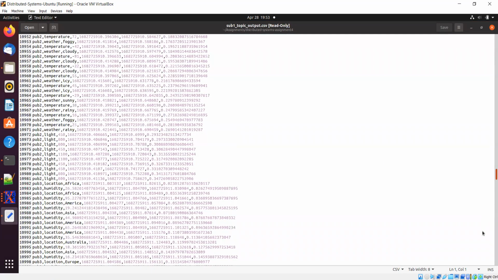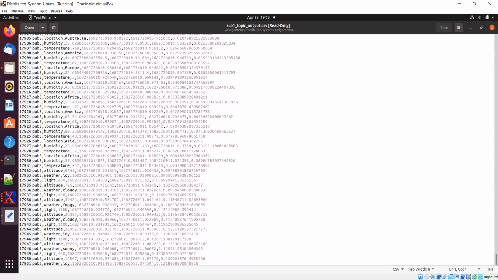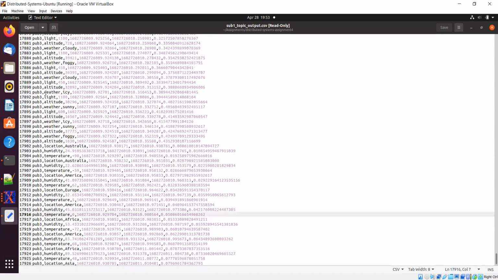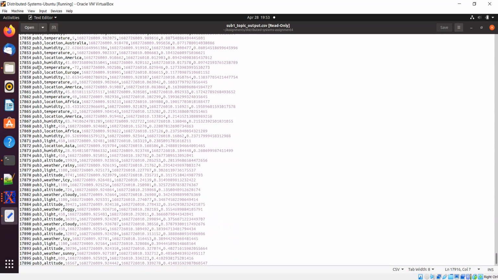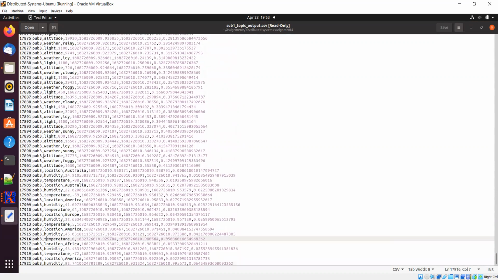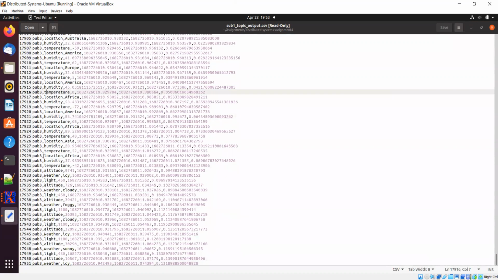If we scroll down, you can see that we've reached a point now where only Publisher 3 is disseminating information, which makes sense because the second publisher, Publisher 2, was killed.